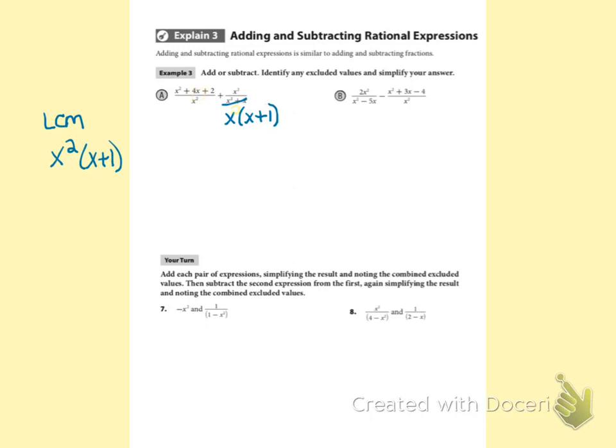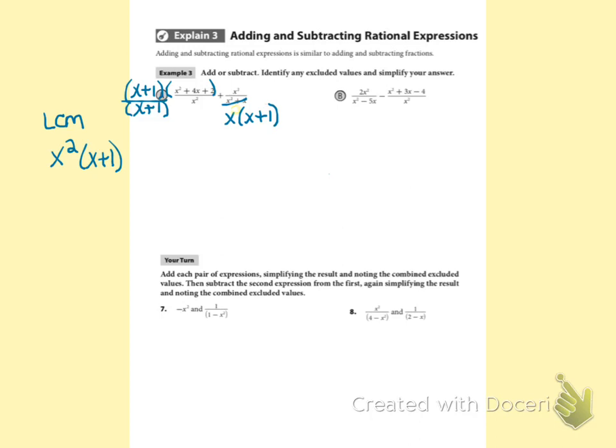So let's take a look at changing this first denominator. And so I can see that it's got the x squared. It's only missing an x plus 1. So I'm going to go ahead and multiply the top and the bottom by an x plus 1. Which again is really just like multiplying by 1, so that's why I'm not really changing the fraction.